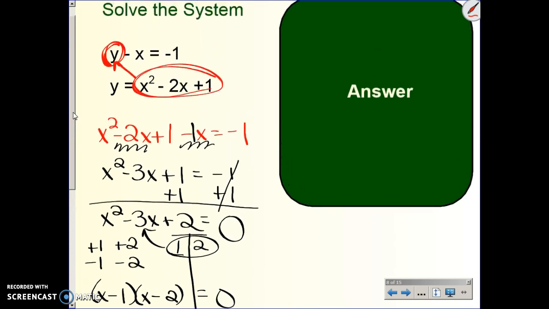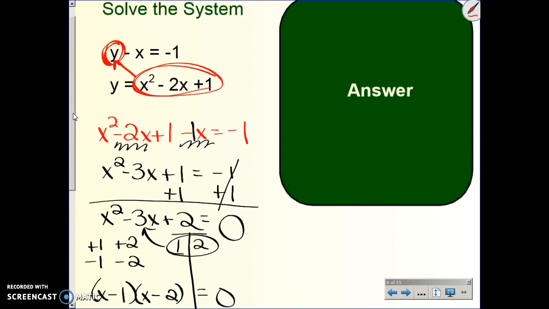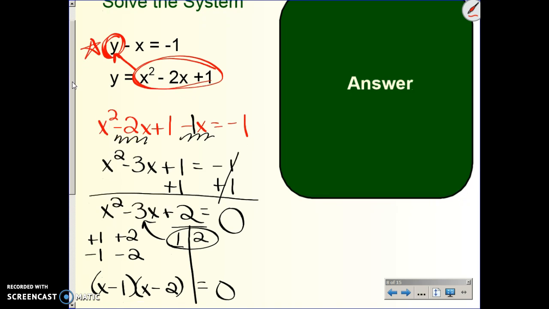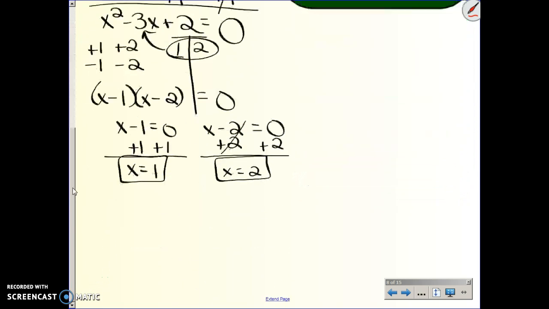Alright, go back up to the original. I'm going to pick that first equation because that looks super easy. So I'm going to memorize that. y minus x equals negative 1. Alright, so over here, I'm going to plug in positive 1. So y minus 1 equals negative 1. Solve for y.